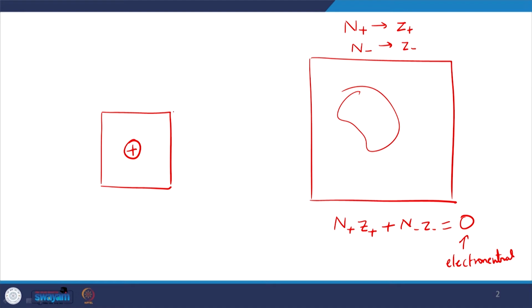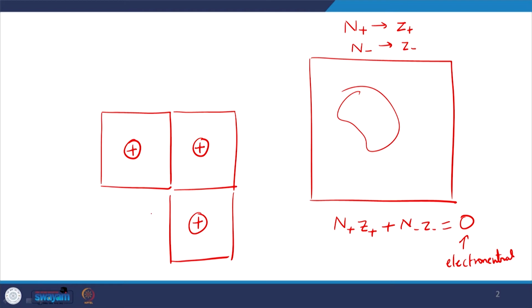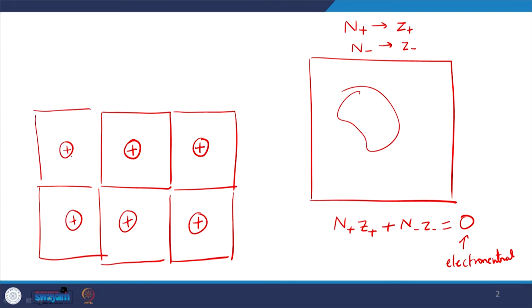Since the images contain the same conformation, they will also have a net charge of the same magnitude. So, this simulation box and its images will have electrostatic repulsion between them, because both have a net positive charge.